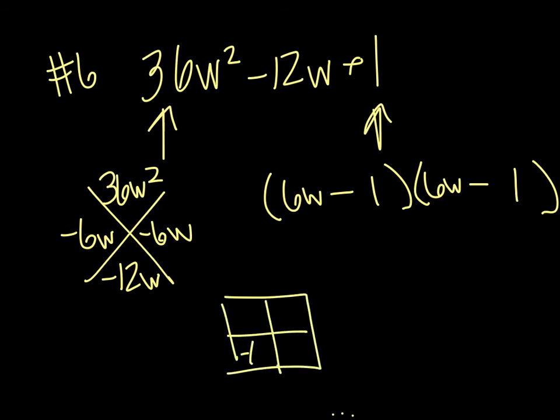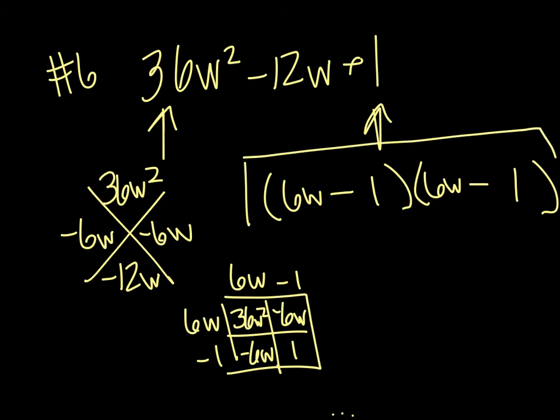We found negative 6w. And then our first term, our last term. Fill out the outside. So you end up with the same thing. If there's a shortcut, though, and you know it, a lot less work.